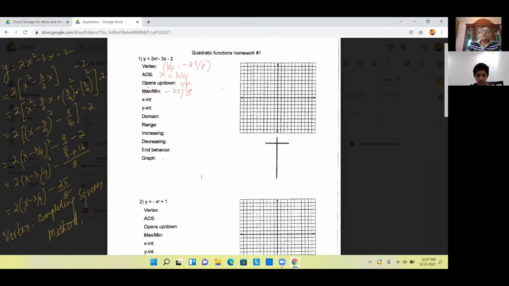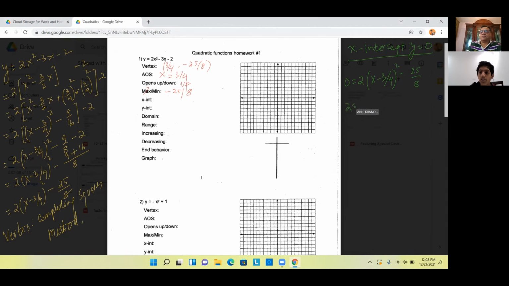So we can say to find the x-intercept, let me write it on the right-hand side now. We know y equals 0, correct? So we'll write y equals 0, and then we'll continue with the vertex form of the equation, which is 2 times x minus 3 by 4 whole square minus 25 over 8.